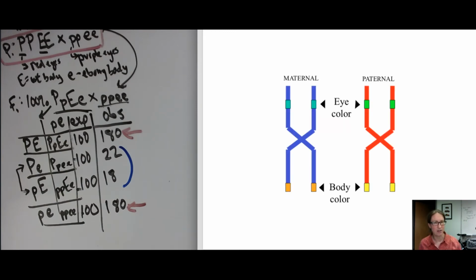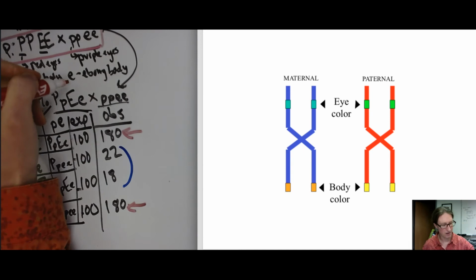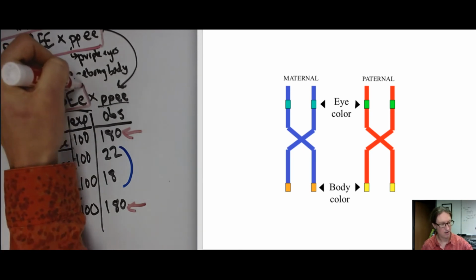So we need to take a look at this with a diagram of some chromosomes to help make sense of this. So what these two chromosomes here represent are the chromosomes of these F1 individuals. So big P, big E, little e, right here. Okay?